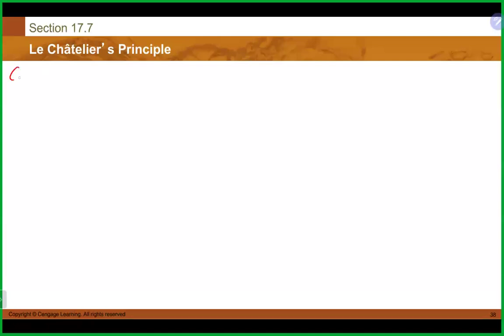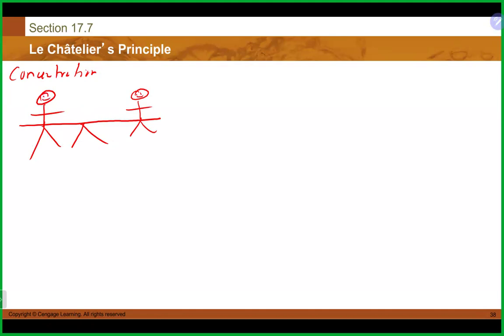So let's take a little closer look at concentration here. Just to illustrate it, say we had a system that's at equilibrium, and we'll just draw some award-winning stick figures here. Let's say the guy on the left is the reactants, and the one on the right is our products in this particular case.